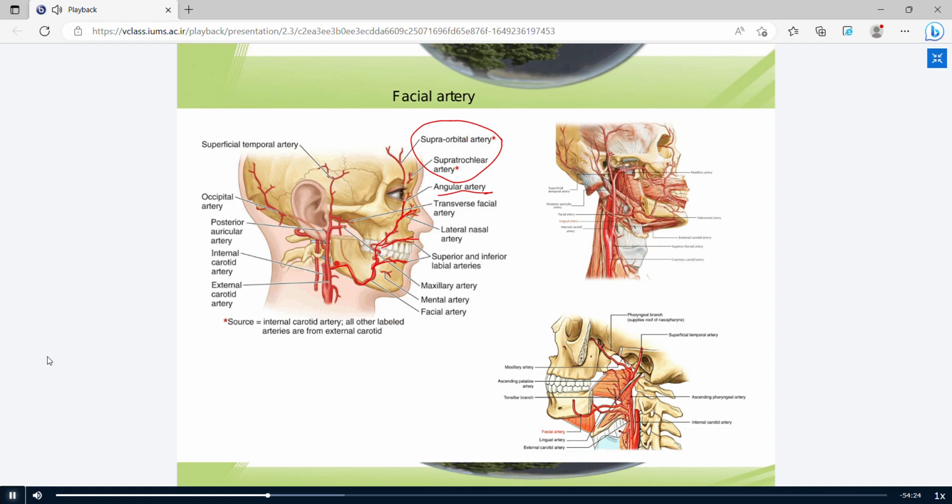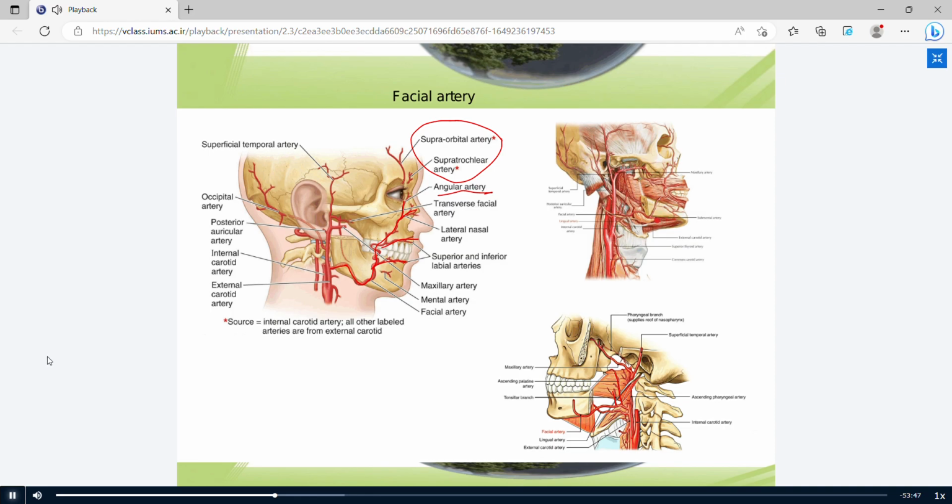Okay, the facial artery has a facial branch and a cervical branch. The facial branch includes the inferior labial, superior labial, nasal, and angular arteries. But the cervical branch consists of the tonsillar and ascending palatine branches, and the submental branch.